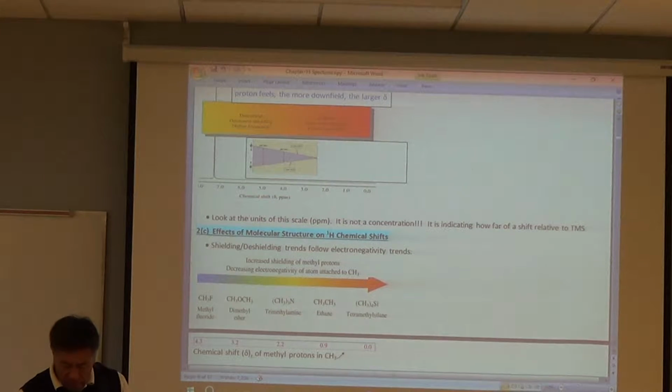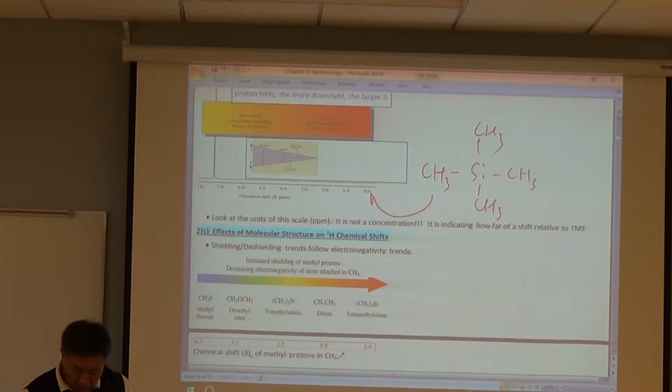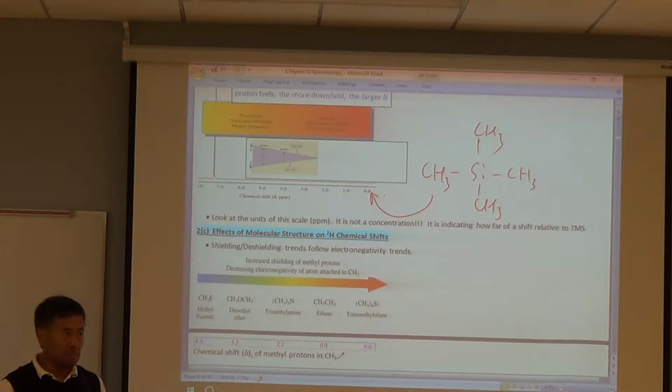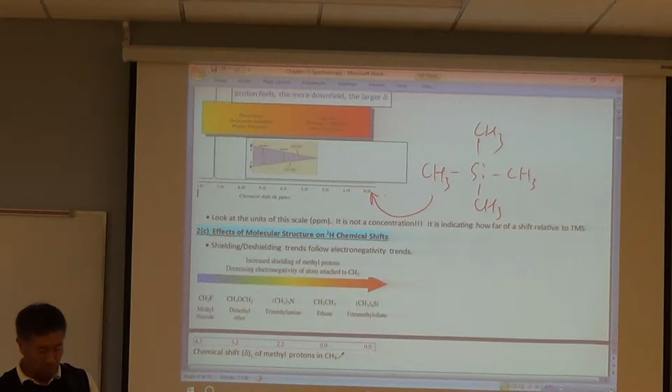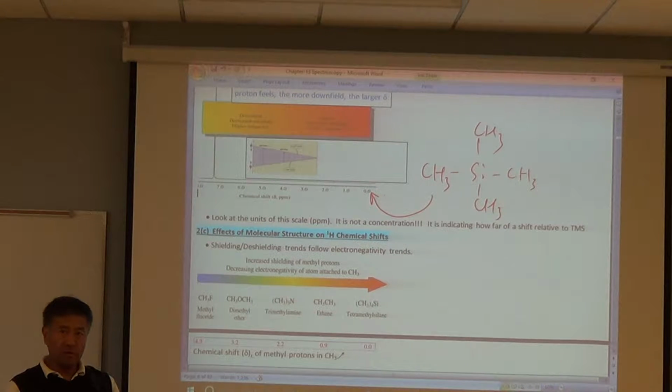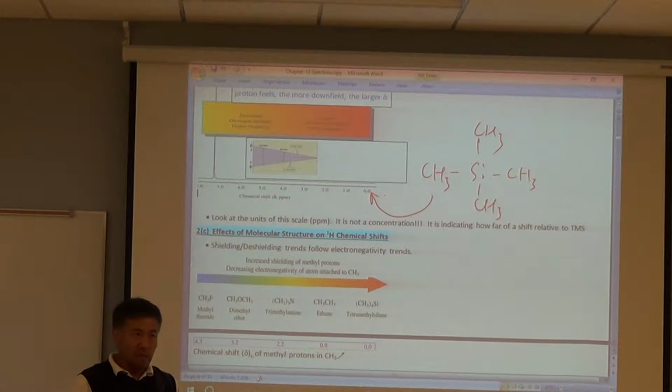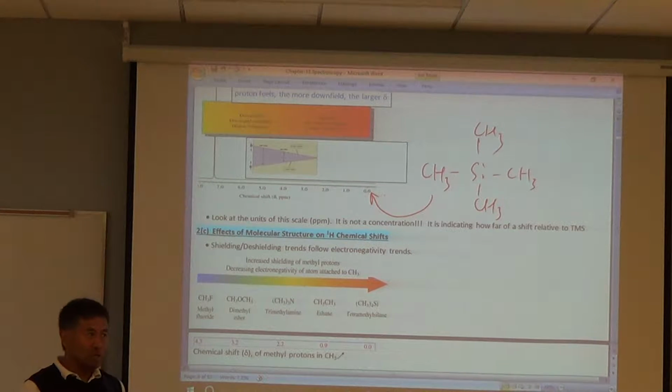The reference is the silicon in the middle with CH3, CH3, CH3, and CH3. This we call chemical shift zero. If the H atom in your molecule has some other atom take the electrons away, the more electrons taken away from the H atom, the larger the chemical shift.